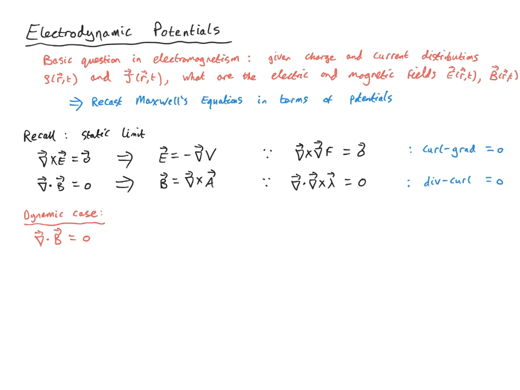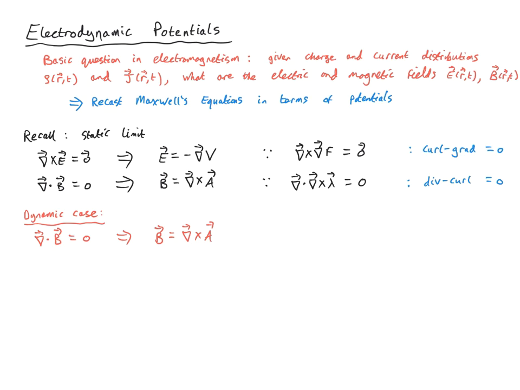We still have no counter-evidence that there would be any such thing as a magnetic monopole, so we believe that the divergence of the magnetic field is equal to 0. Again, this does still imply the existence of a vector potential A, with the magnetic field defined through the curl of A.